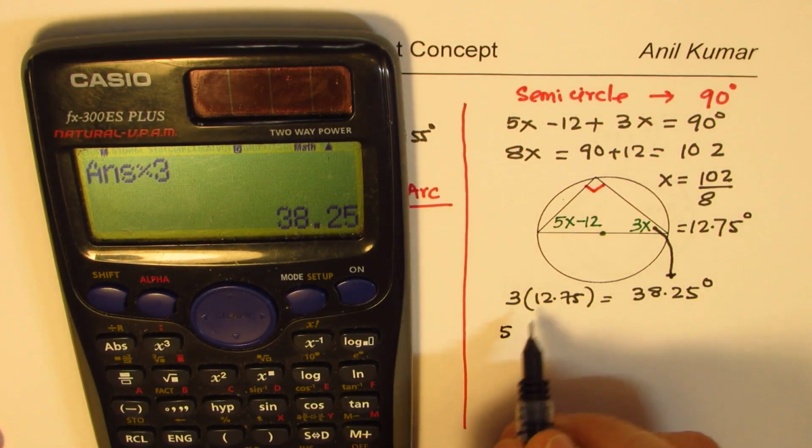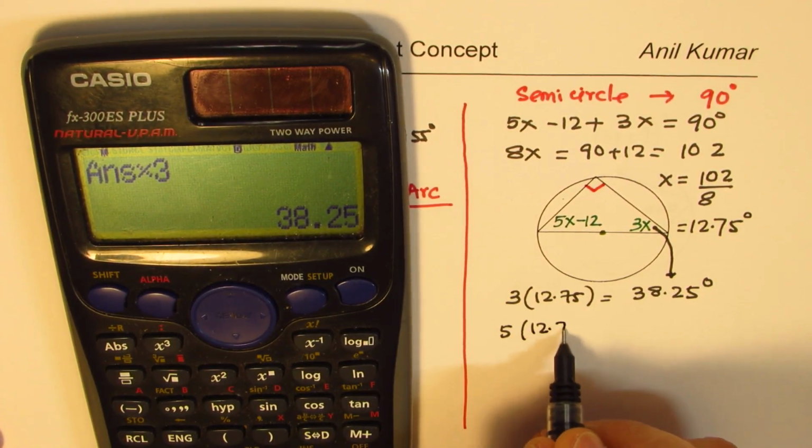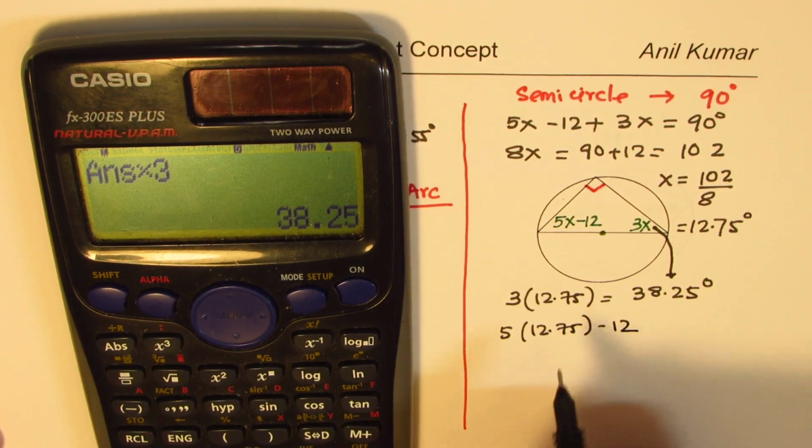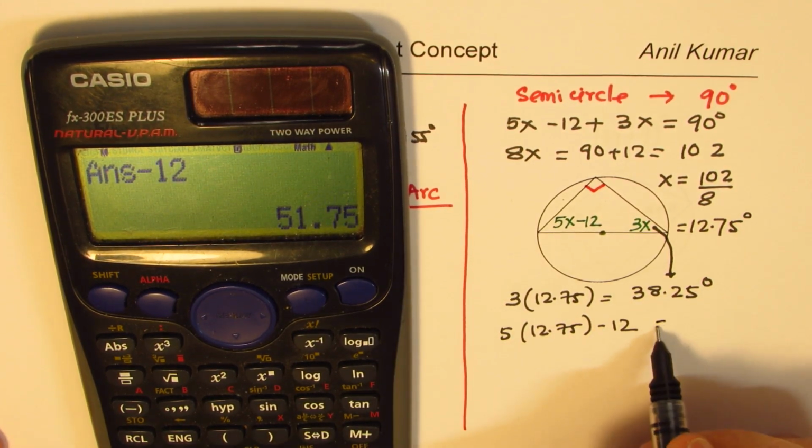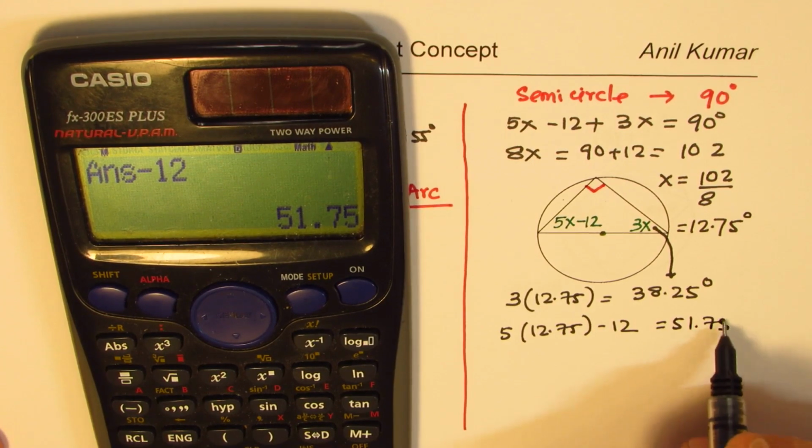The other angle, you could do the calculations, which is 5 times 12.75. And then we have to take away 12 to get our answer in decimals. It gives you 51.75, right?